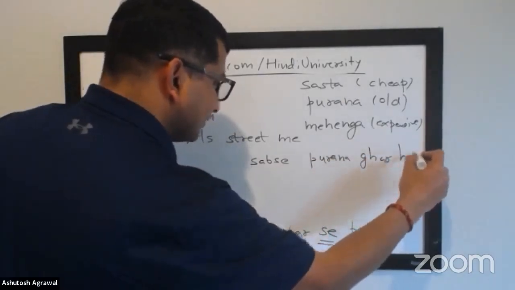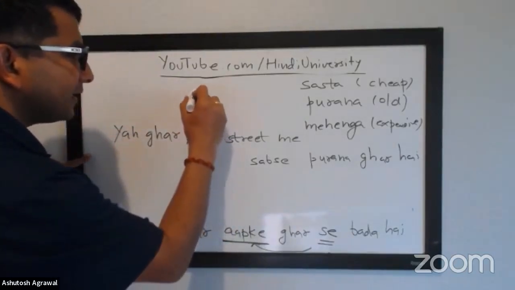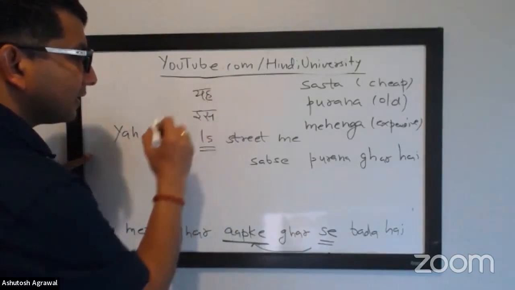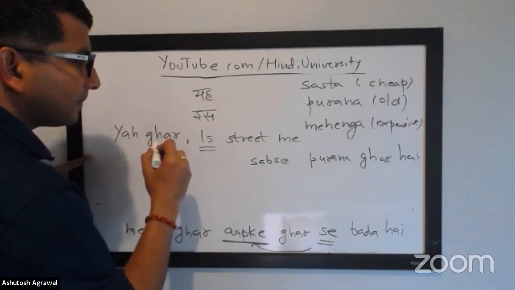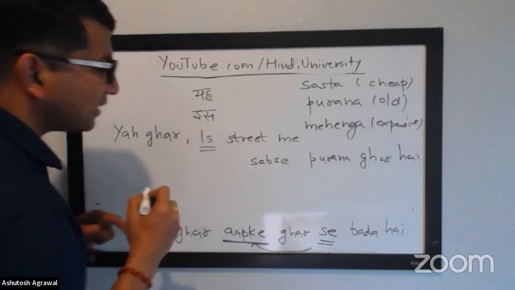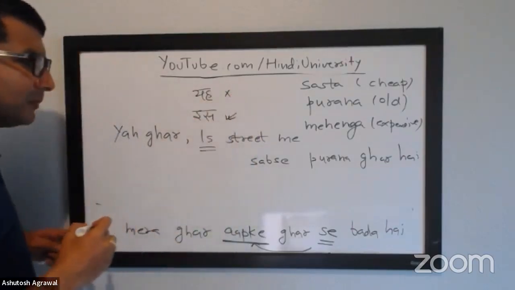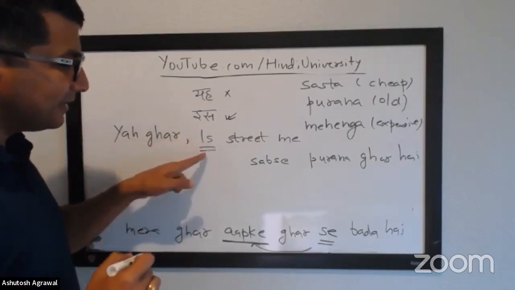Okay, so why did you use इस and not ये? Not sure. Okay. Anyone else? What is your guess? इस is correct. यह is wrong, but I'm just curious why.